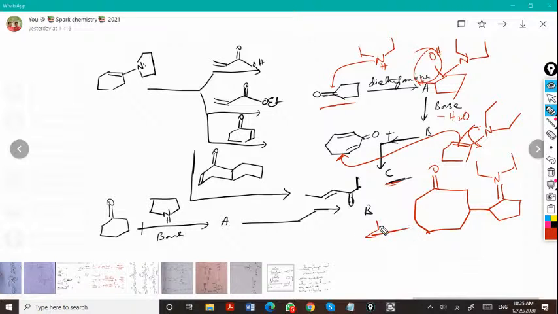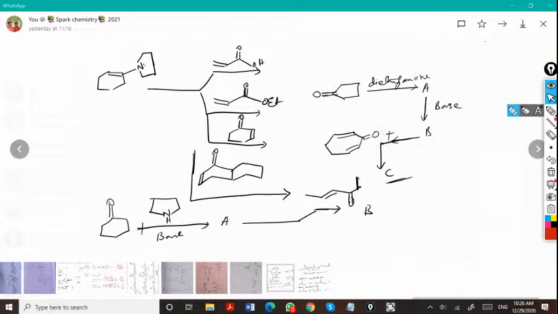If this is hydrolyzed, it is going to give, so here it is a double bond. Simply we have added this whole group onto the alpha carbon of this carbonyl. So that is the advantage of the Stork enamine reaction.